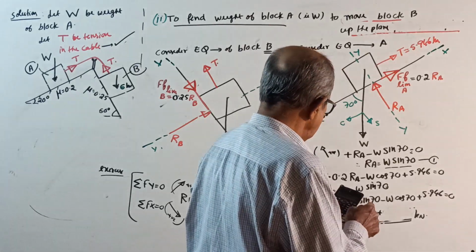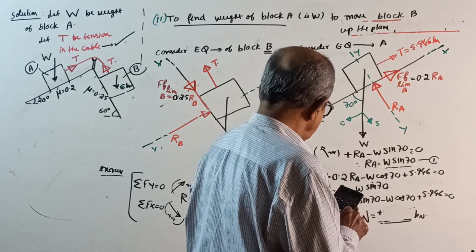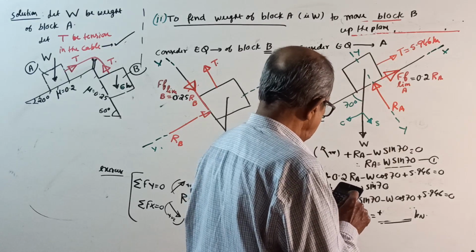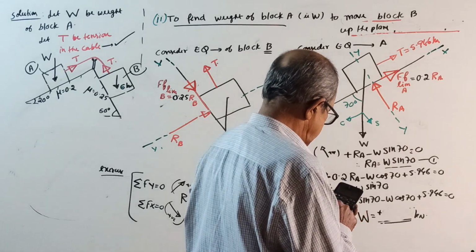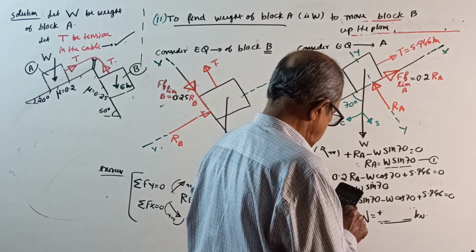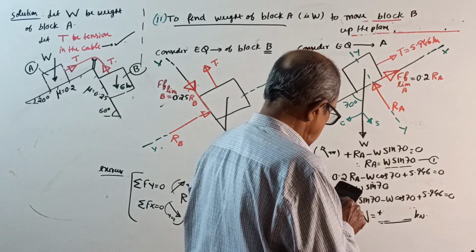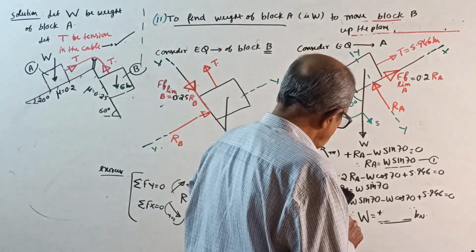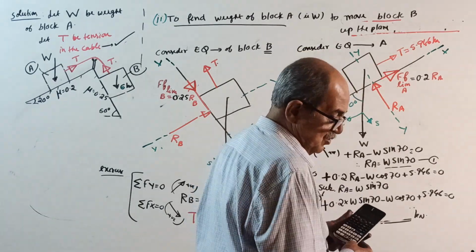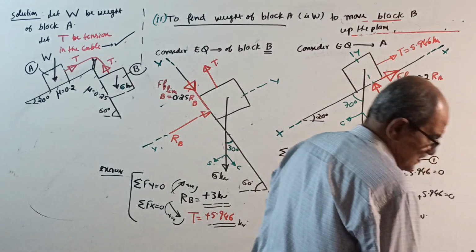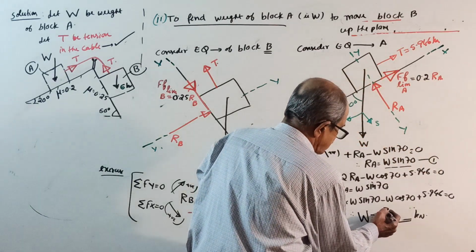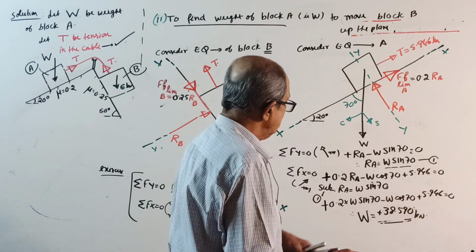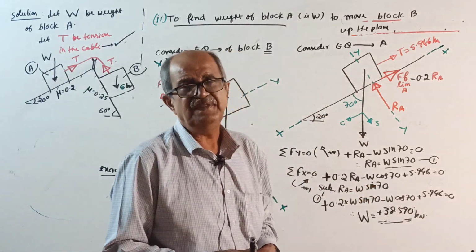No, it is 0.2 into sin 70, minus cos 70, equal to one number into minus 1. Reciprocal into 5.946. Yes, 38.590. Yes, high force required now. Okay, correct. If any calculation mistake is there, correct it.